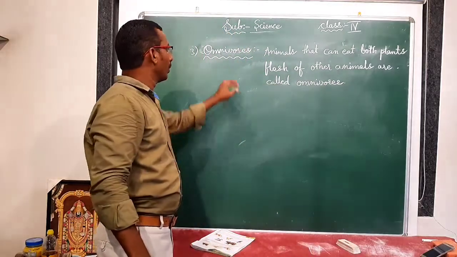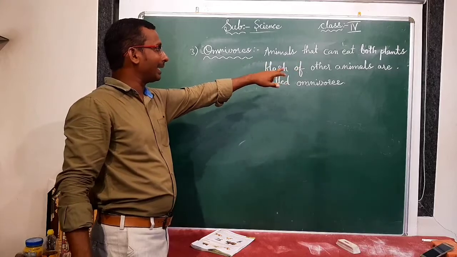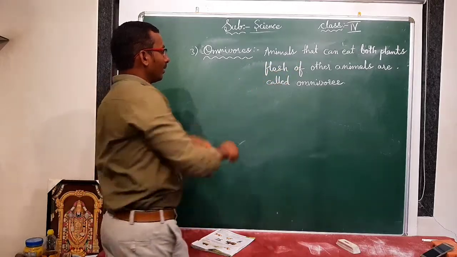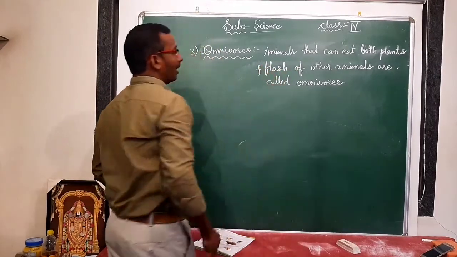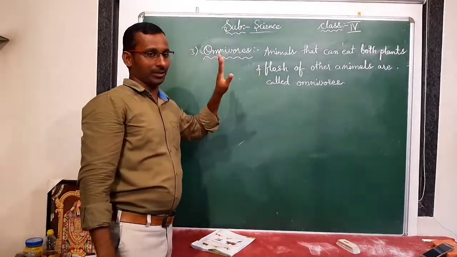Got it? Animals that can eat both plants and flesh of other animals are called omnivores.